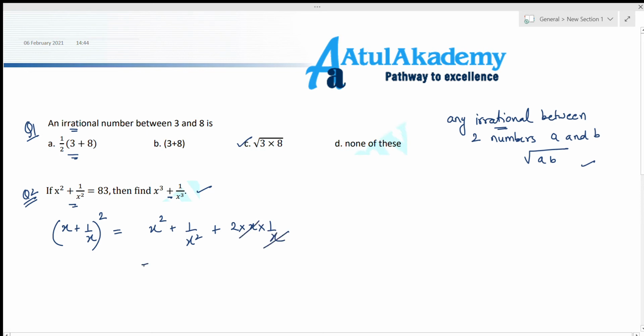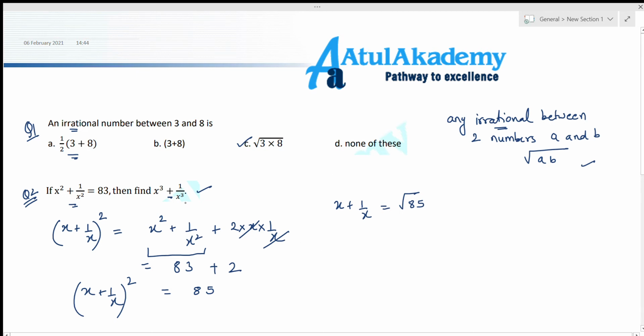X cancels out, so x square plus 1 by x square is given as 83. 83 plus 2 is 85. So x plus 1 by x whole square is 85. With this I can say that x plus 1 by x is root 85 when I remove the square from both sides.